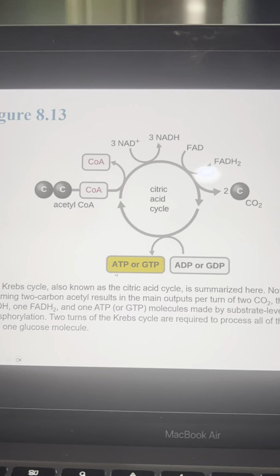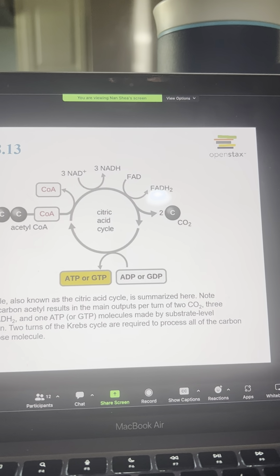Okay. Yeah. But if an organism does not have the enzyme, because remember these are all enzyme regulated. So if a bacteria does not have the enzyme for the citric acid cycle, and if there's no oxygen, then the bacteria will do fermentation.